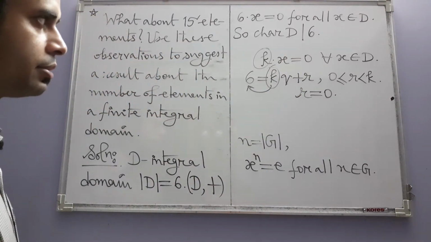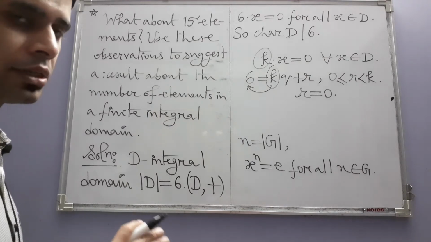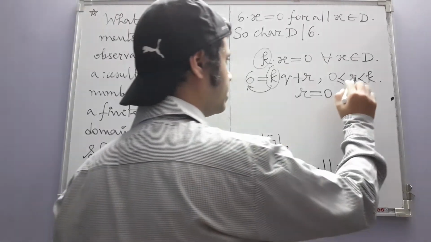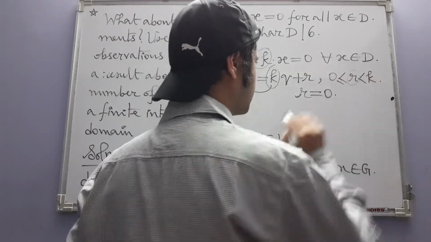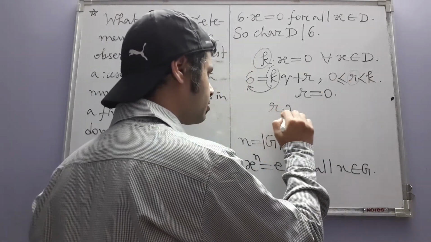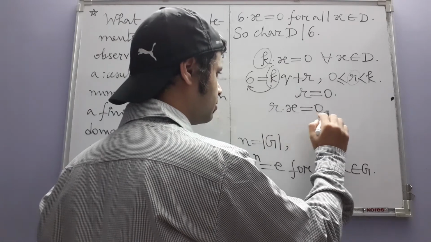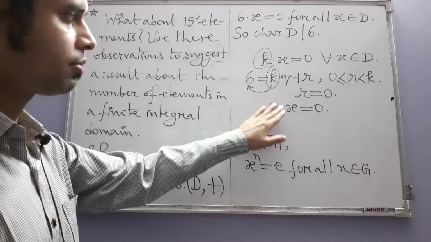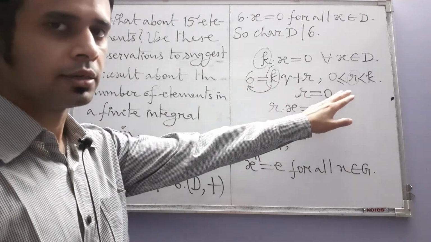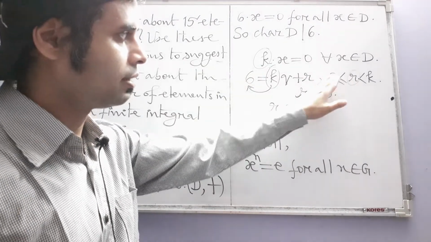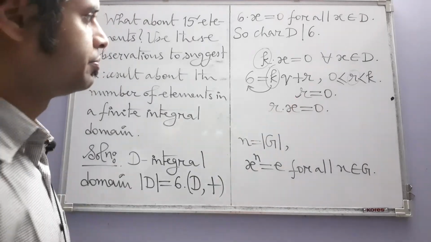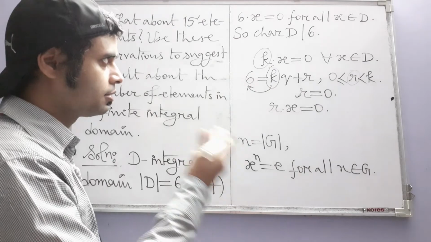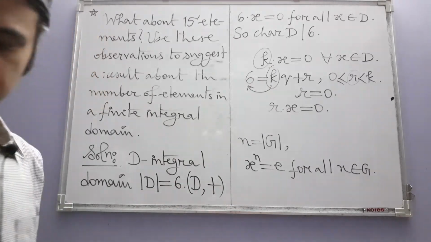The minimal nature of K will force R to be 0. Otherwise, you would get another such thing R, for which R dot x is also equal to 0 for all x belonging to D. And the minimal nature of K would then contradict that fact if you assume that R is greater than 0. Okay, so that's how you can prove that the characteristic of D divides 6.